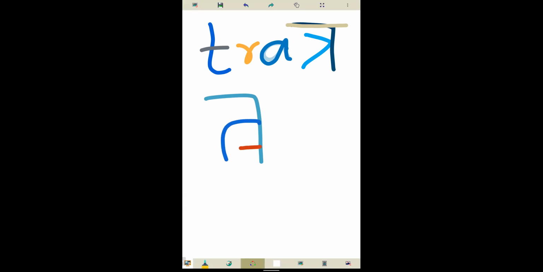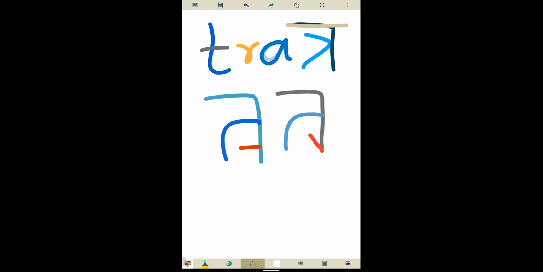And we have some variants in tra. Look at here, this tra. Horizontal, vertical, ta, and ra. This is the regular. But for variants, you can see there is no graphic difference in ta. Rakar is different.